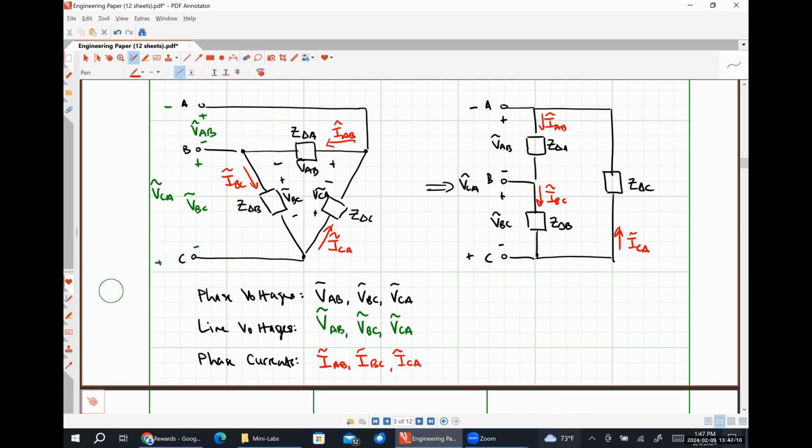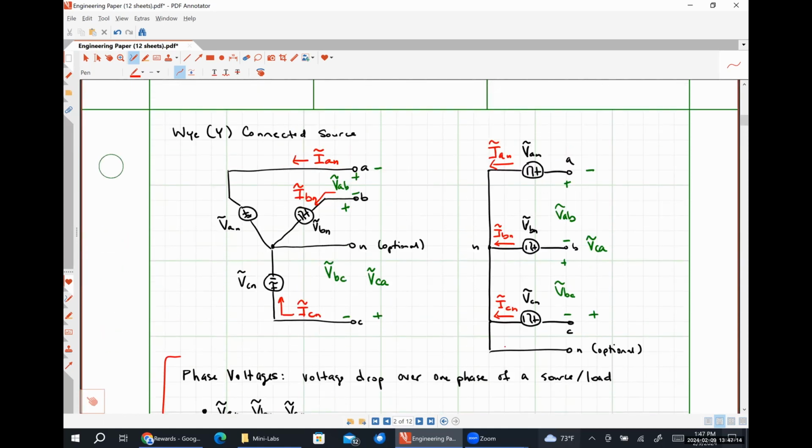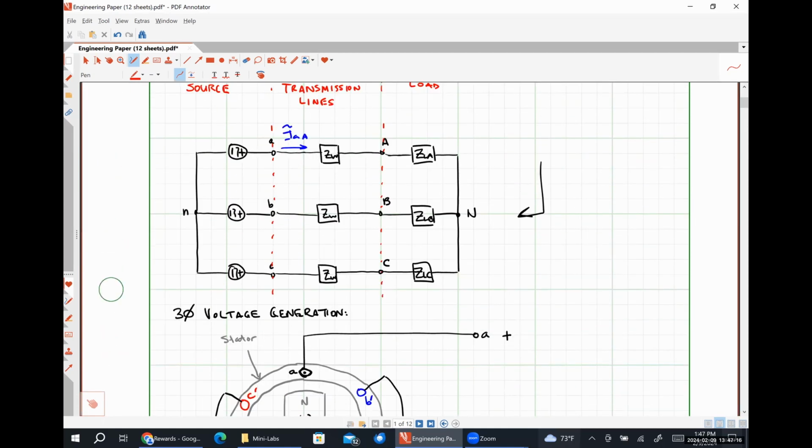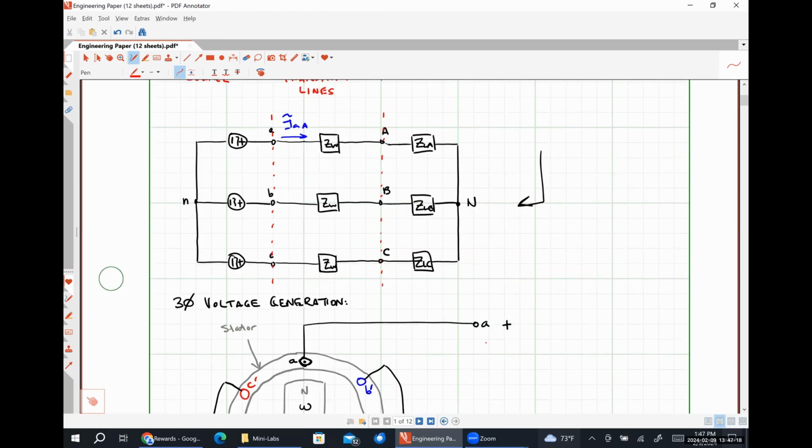Up here at the very top, I drew this guy right here as a YY system, but it's a 3-phase, 3-wire system, right? If we had done everything as a delta connected source and a delta connected load, it would still be a 3-wire system. So it consumes the same amount of materials, but the voltage and current relationships are going to be slightly different.